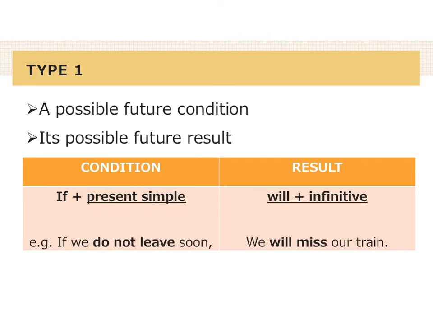Let's move to first conditional, or we can call it type 1. Condition result. If plus present simple, will plus infinitive. In the first conditional, you will often use will plus infinitive. But other modal verbs are perfectly fine.